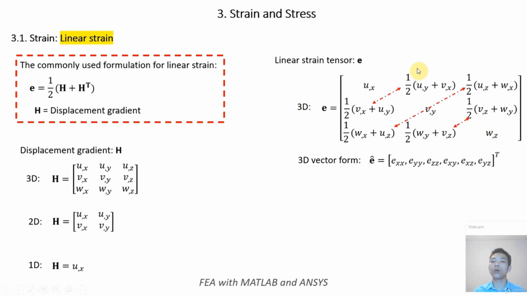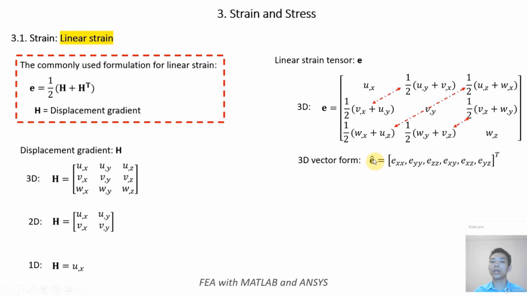You can see that the components here and here are equal to each other, here and here, and here and here. In general, we can write the linear strain tensor in vector form.